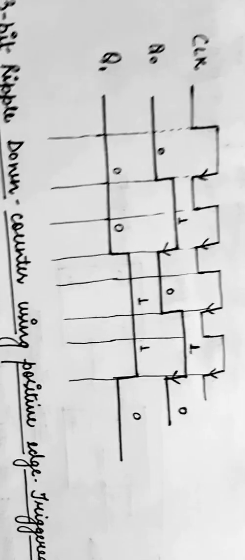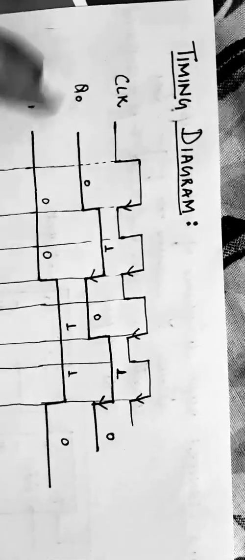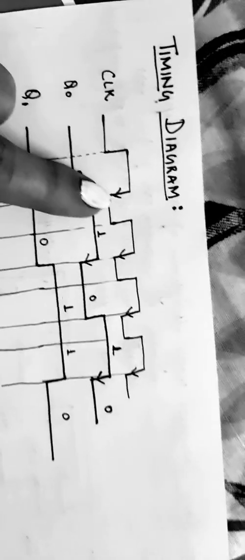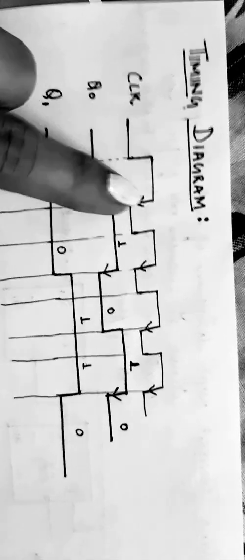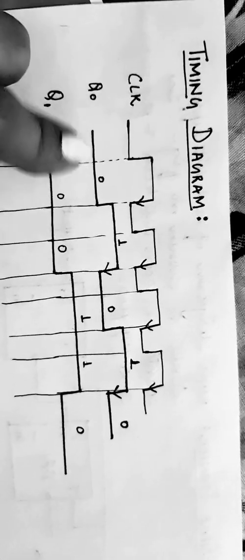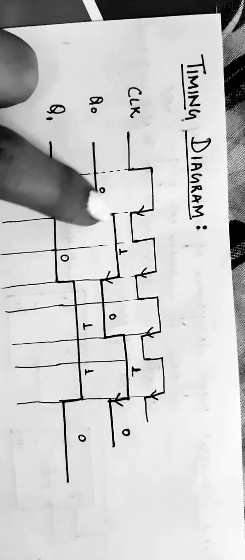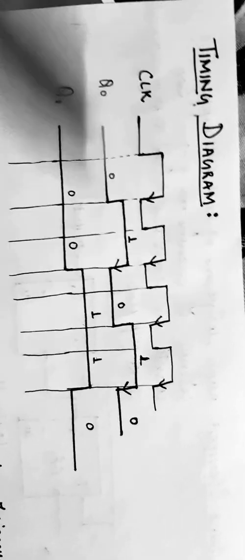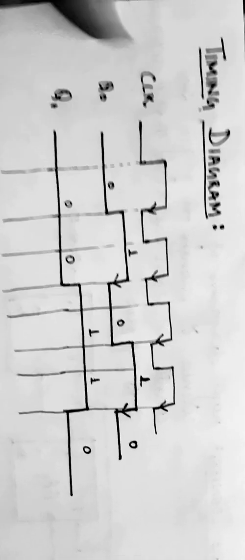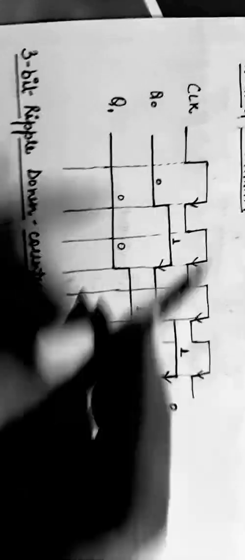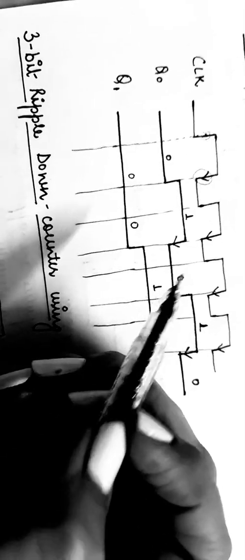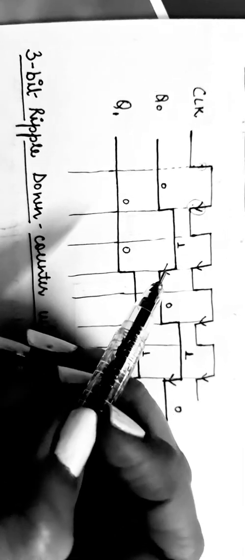Clear? Now see, we have given the clock. What will we get at Q0? At Q0, till the negative edge, the output remains the same, and after the negative pulse, the output gets changed. We can see in the clock pulse that this is your positive side and this is the negative edge trigger, and we have to draw the negative edge triggered only.